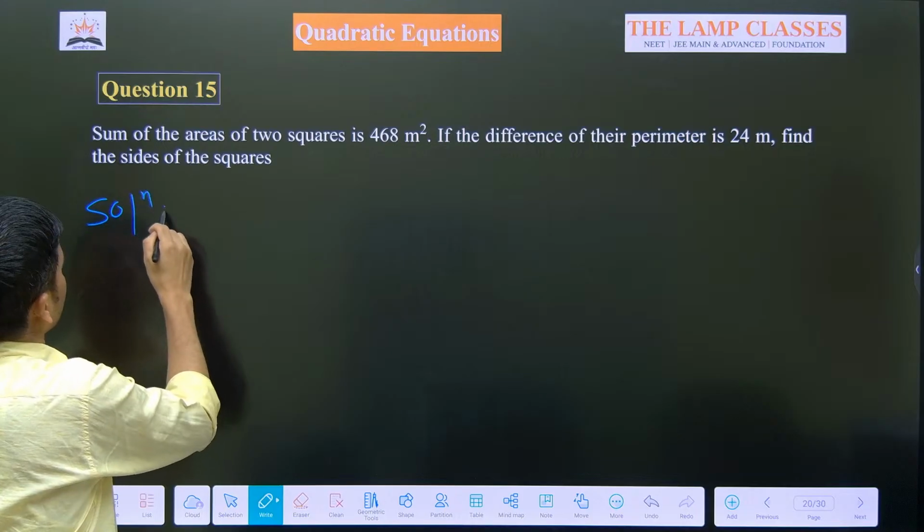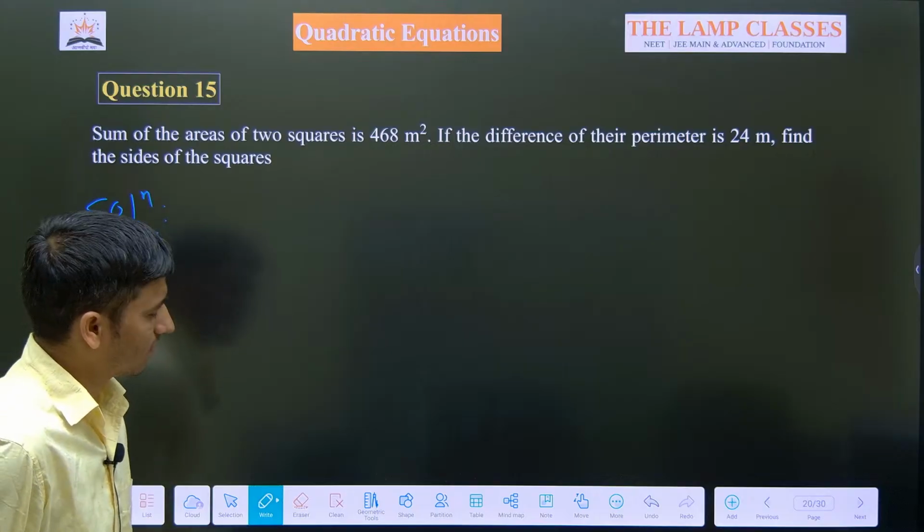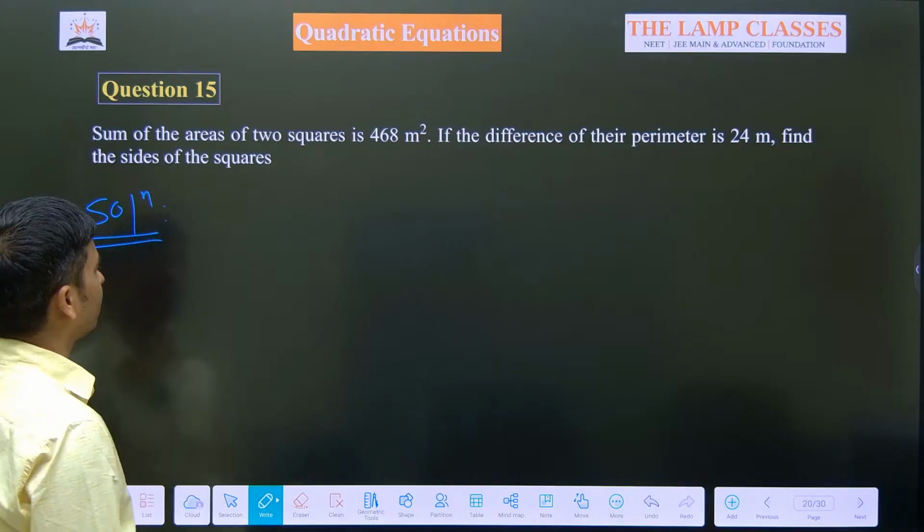So to start with, you might assume that the side length be x and y or a and b, whatever suitable variable you think.